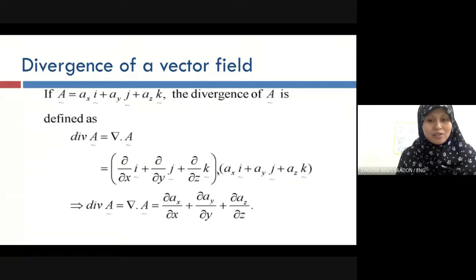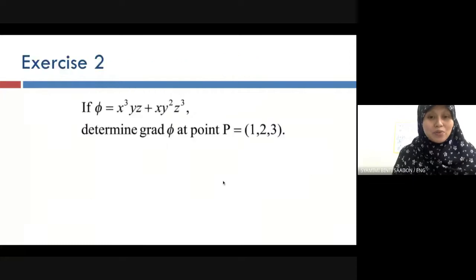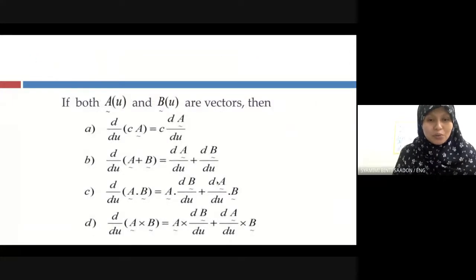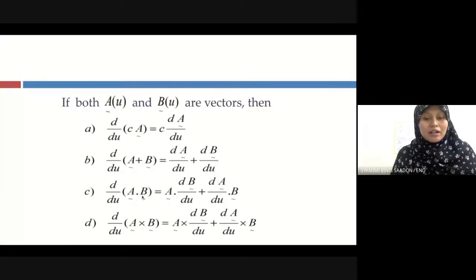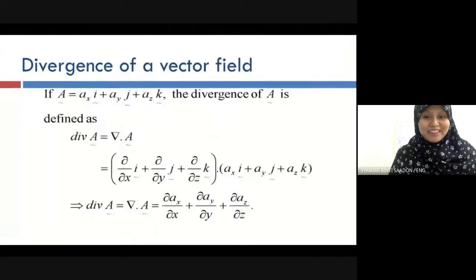So it's like we use the product rules. The vector A is a vector, and the divergence operator, the partial derivative, is also a vector.